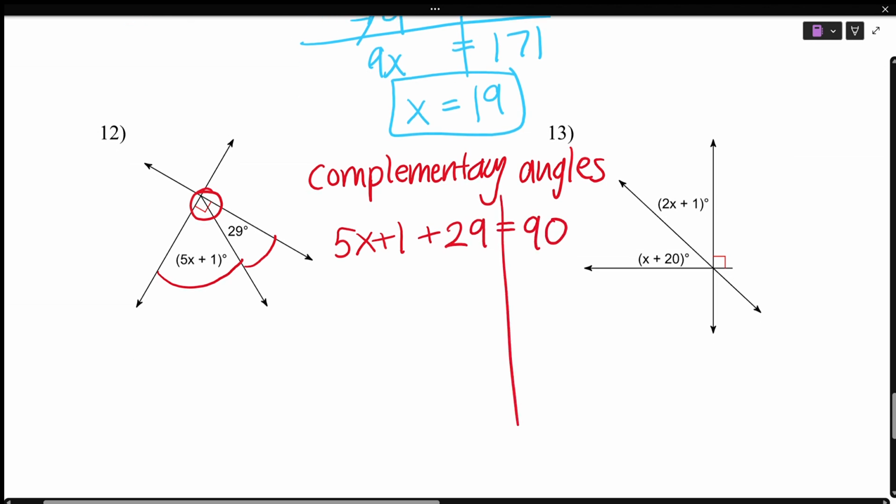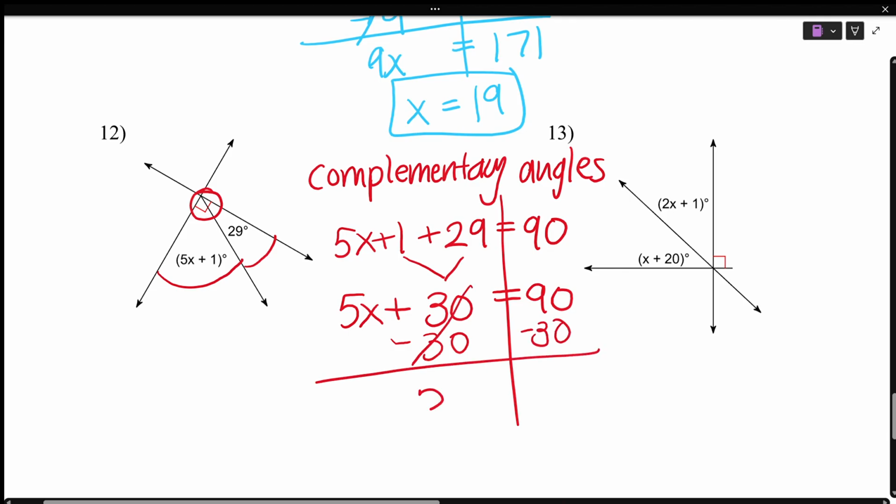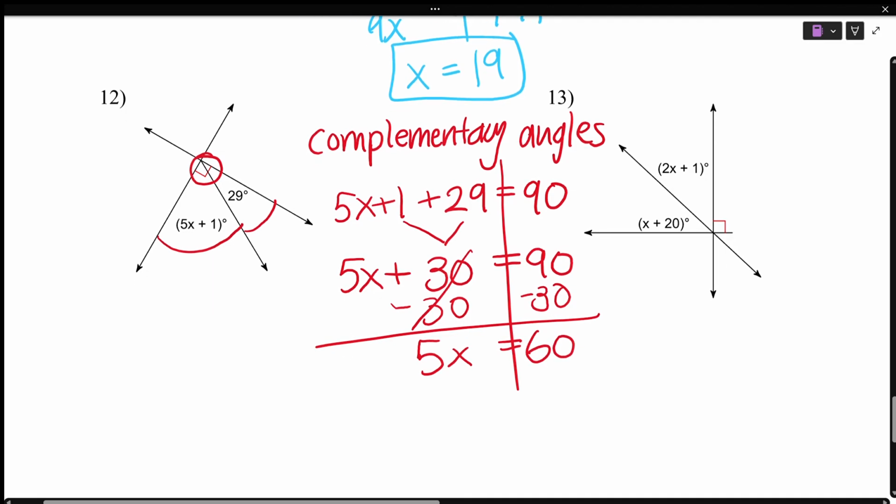Do the same thing. Here we have some like terms on the left side. That's 30. Solving for x, how do we get rid of plus 30? That's minus 30 on both sides. Equals 60. How do we get rid of 5? We divide. X equals 12.